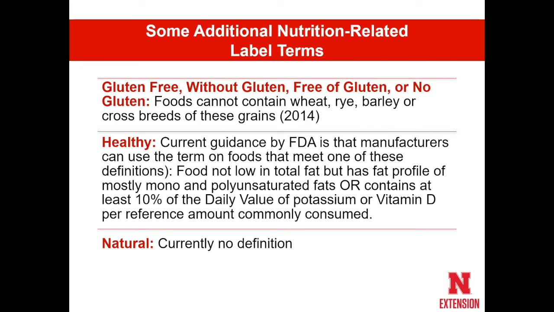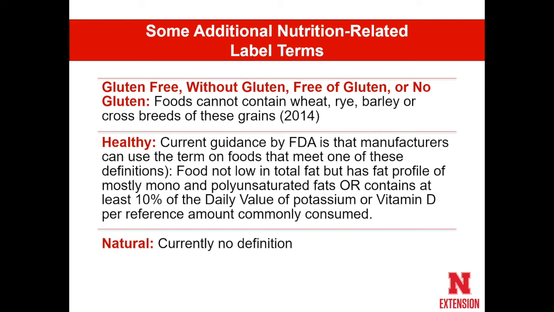So as of 2014, the USDA also issued guidance on the labeling of gluten-free on food products. So the words that manufacturers can use are gluten-free, they can use without gluten, free of gluten, or no gluten. Those foods cannot contain wheat, rye, barley, or any crossbreeds of those grains.